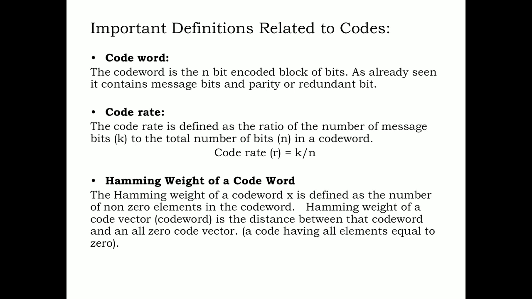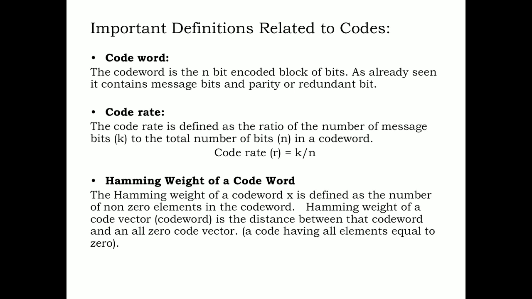Now next we have some important definitions related to these coding methods. First is code word, code rate, Hamming weight of a code word, and code efficiency. First we will see the code word. The code word is the bit encoded block of bits. As already seen, it contains message bits and parity bits or redundant bits.